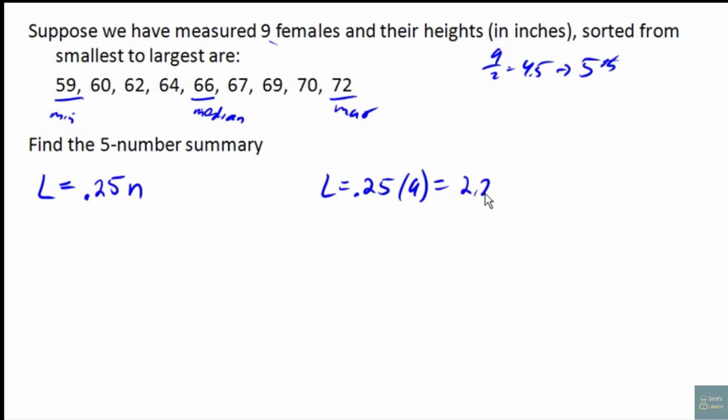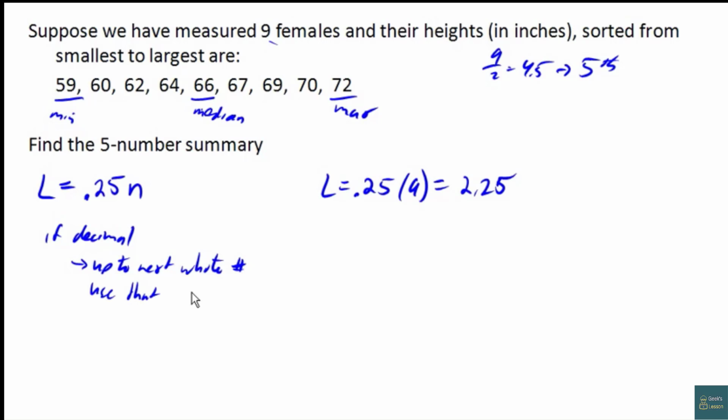Now, if this comes out to be a decimal value like it does here, then that means that the quartile value is going to be a single number. So then we go up to the next whole number, and we use that data value.